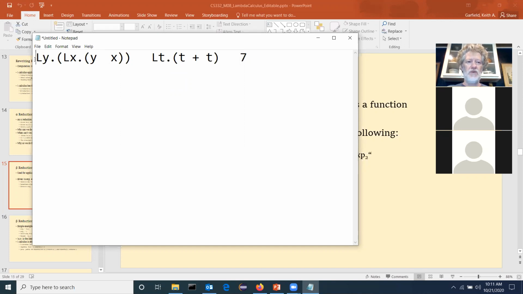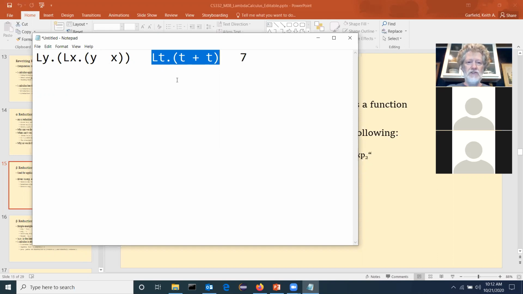Let's see. Do I have an expression? How many expressions am I dealing with here? There's 1, there's 2, there's 3. And I have an expression followed by an expression. So maybe I can do a beta reduction if the one on the left is a function, which it is.